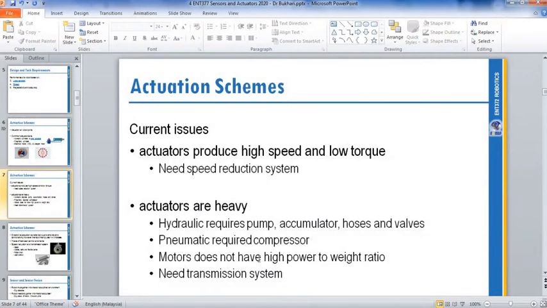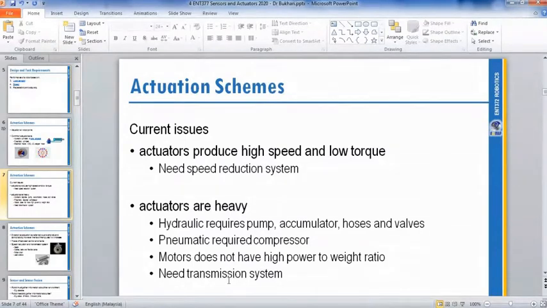Motor does not have a high power to weight ratio. This is the problem with the motor. So we need a gearing system, a transmission system.